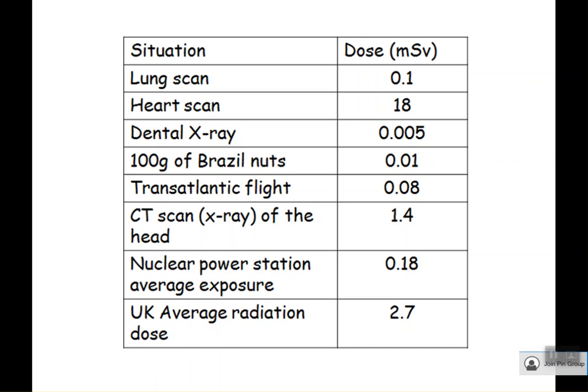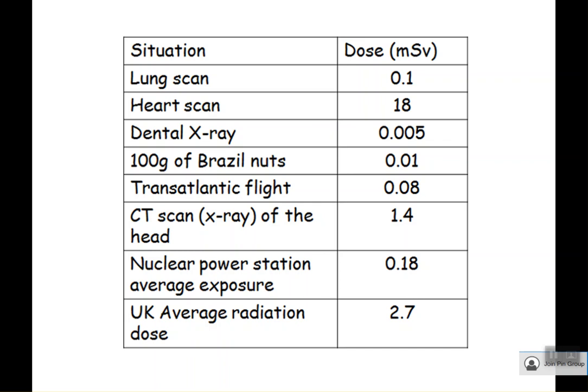We've got the magnetic field of the Earth protecting us from that. If you're higher up, you're more susceptible to it. Some foods are quite radioactive, things like Brazil nuts. Brazil nuts, I think, have selenium in them, which is slightly radioactive. And then we've got the average radiation dose, background radiation.